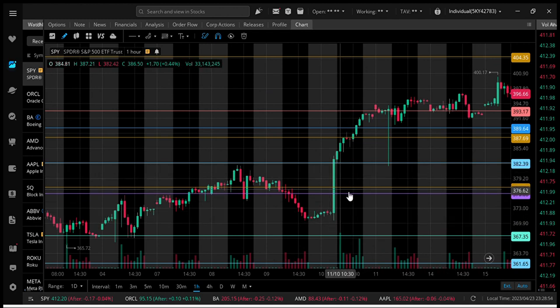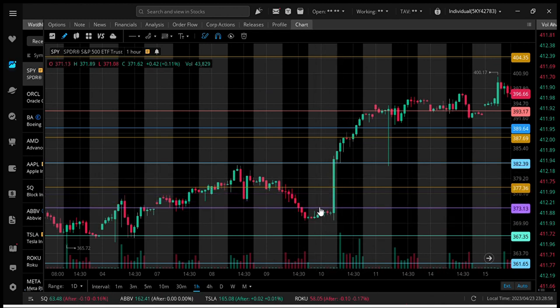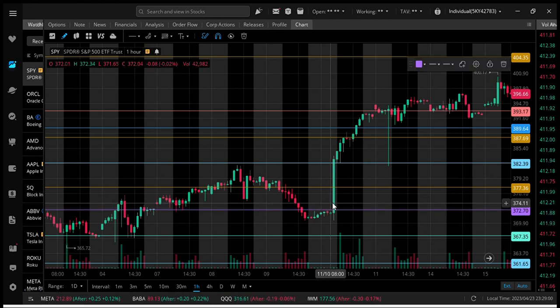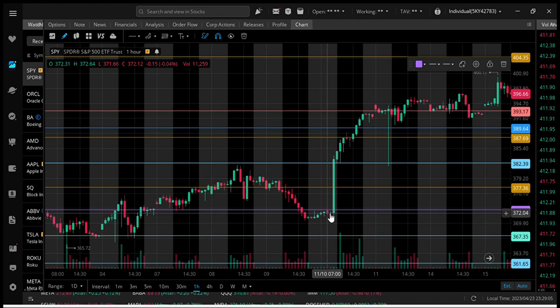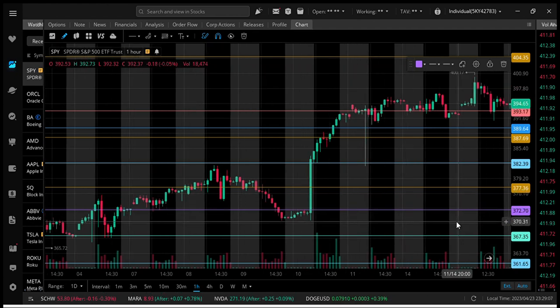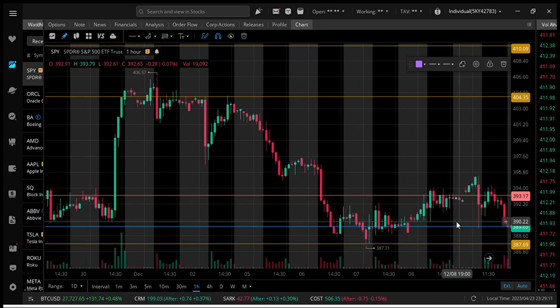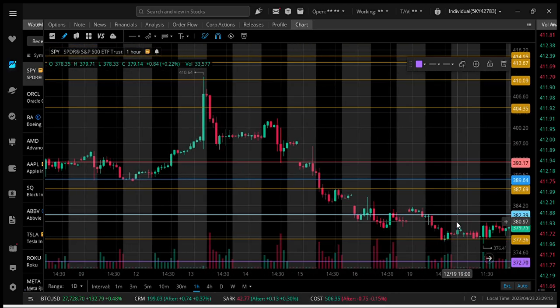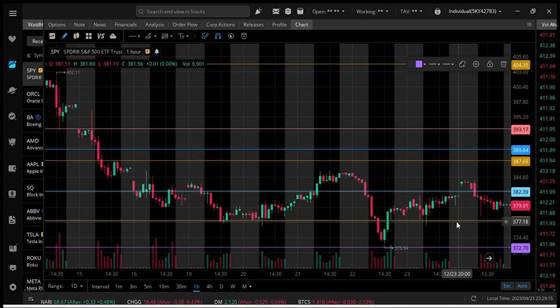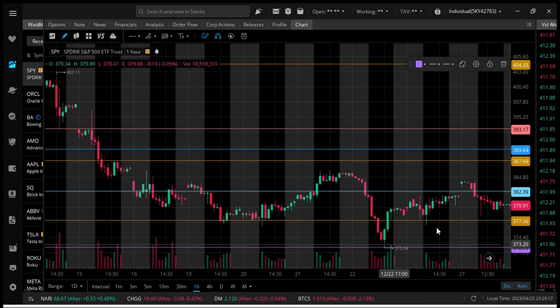Let me see. We're gonna take this line, slide it down to this because of this green candle and this red candle right here. And this is 372. I might have already done 372. It depends on where we at. 373 right there.